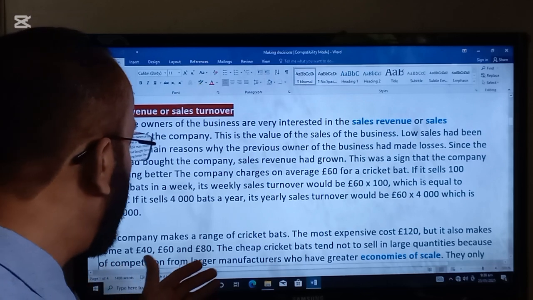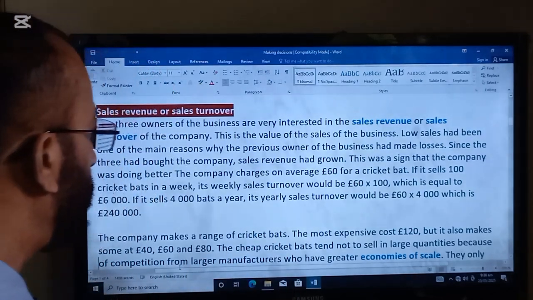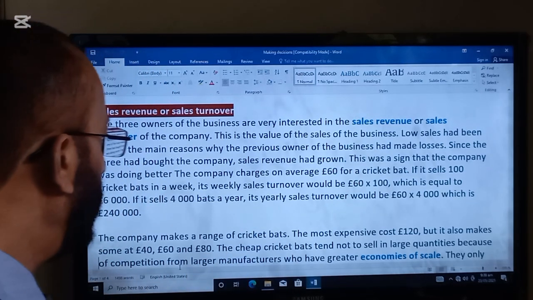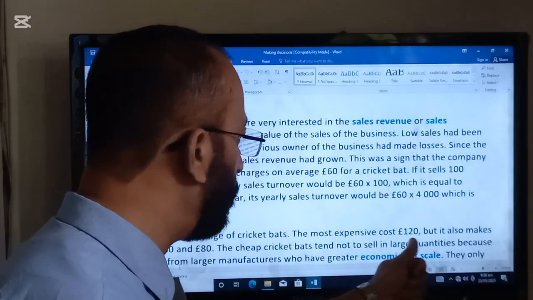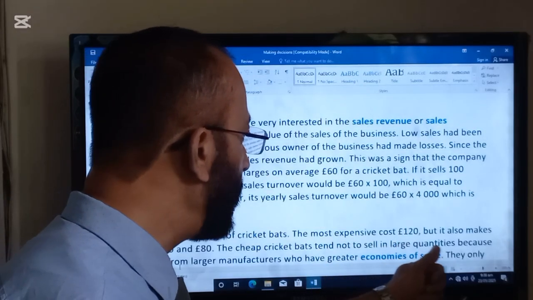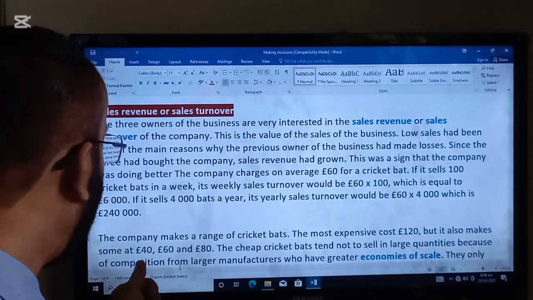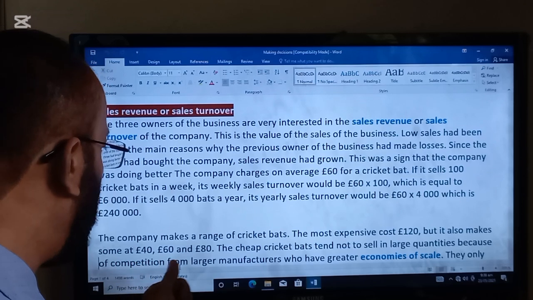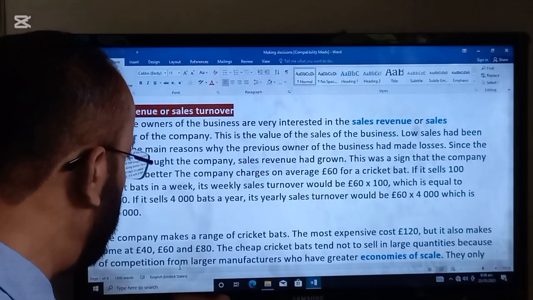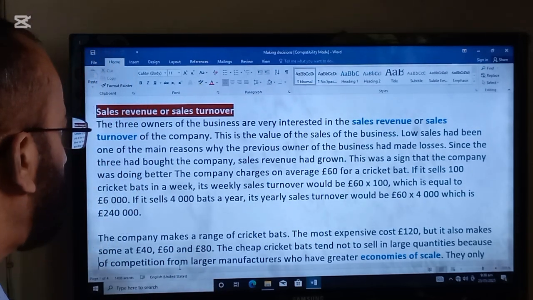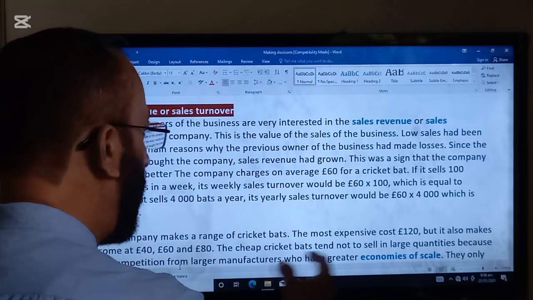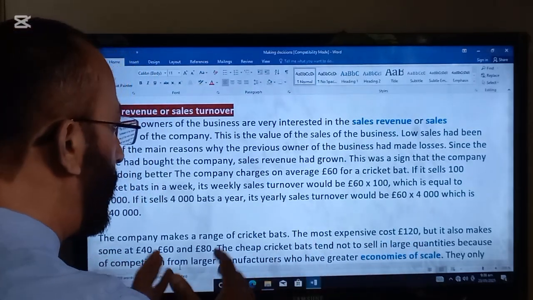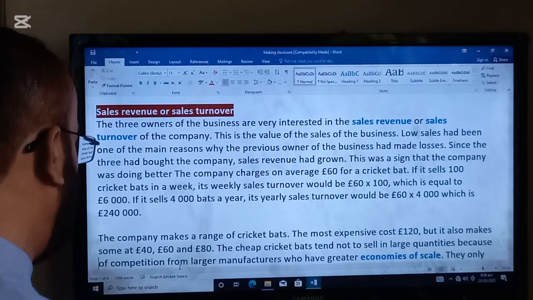The company makes a range of cricket bats. The most expensive cost £120, but it also makes some at £40, £60, and £80. So there are four types of bats which are actually the production of the company.